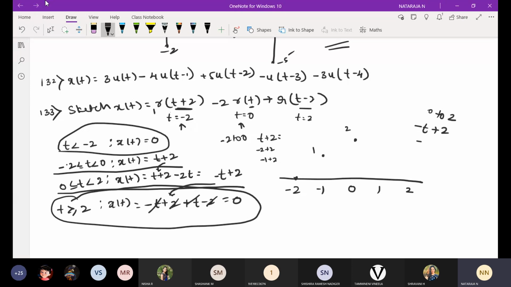Substitute first 0: minus 0 plus 2, you will get 2. Across 0 we have a 2. Next 1: minus 1 plus 2, you will get 1. Next 2: minus 2 plus 2, you will get 0. Means your signal will be like this.